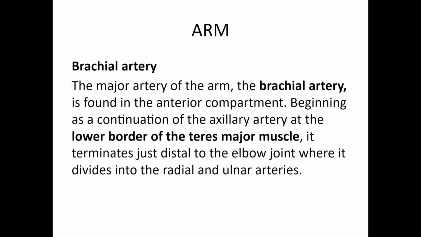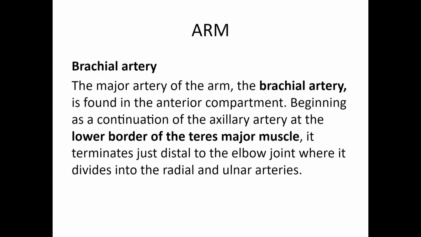As I've already mentioned, the subclavian artery becomes the axillary artery, and after that it becomes the brachial artery, right? So the major artery of the arm is our brachial artery, and mostly it is found in our anterior compartment.